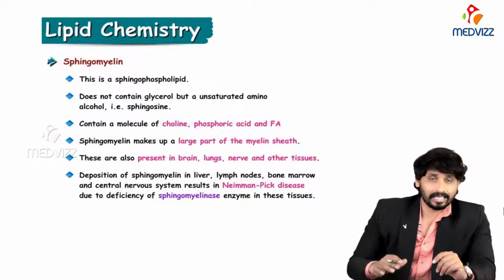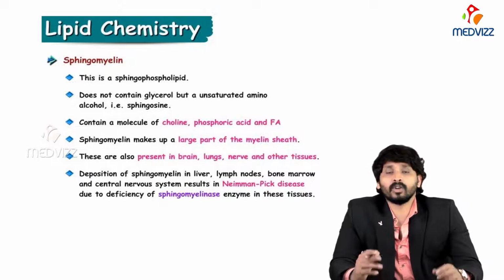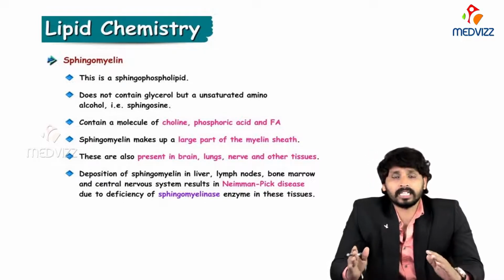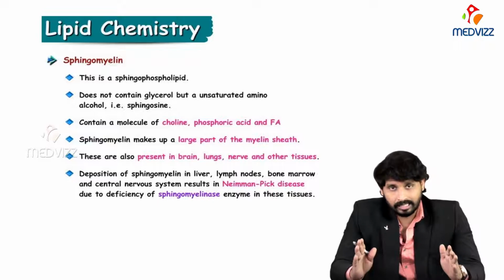Sphingomyelin. As I discussed in the beginning, sphingophospholipids are otherwise known as sphingomyelins. Why? Because the location of sphingophospholipids is mainly the myelin sheath of neuronal cells.